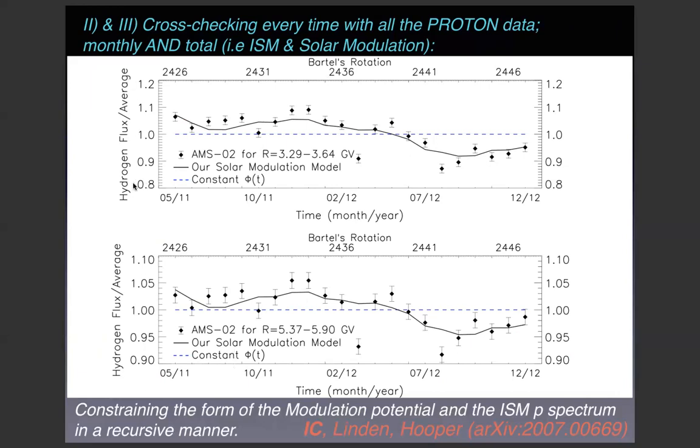Here, for instance, I show you the measurements from AMS from 2011 to the end of 2012 for cosmic ray hydrogen and how that evolves with time for specific energy or rigidity ranges. So we rely on those very refined monthly data to constrain the properties of solar modulation.